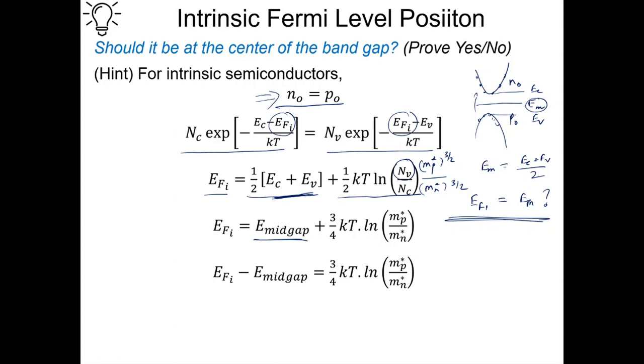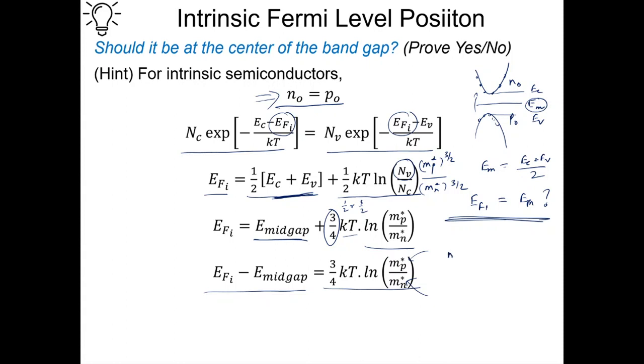Everything else will cancel out, so this 3 by 2 will go out, so this becomes 1 by 2 times 3 by 2, which becomes 3 by 4, and log of MP divided by Mn, times KT. So if I rearrange it, EFI minus E mid gap is a finite number and is proportional to the ratio of the effective mass of holes and the effective mass of electrons.